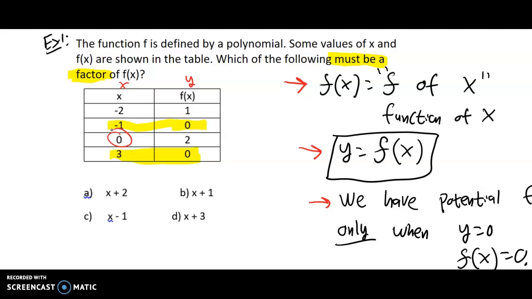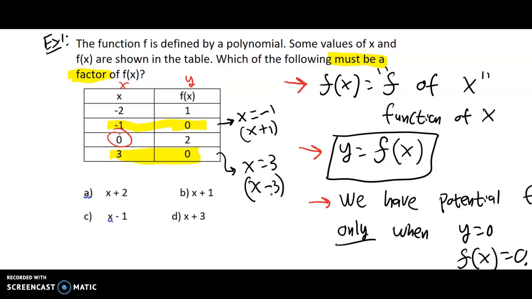We're only interested in y being 0. So this solution is x equals -1. Its factor pair is x plus 1. This solution is x equals +3. His factor pair is x minus 3.